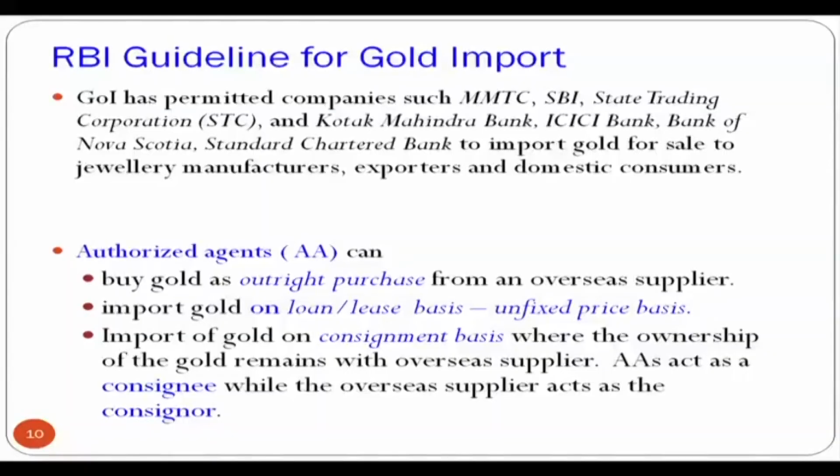As far as the import deal is concerned, these companies can buy the gold on an outright basis, or they can borrow gold on a lease basis, and they do not fix the price. Sometimes these authorized agents also import gold on a consignment basis.